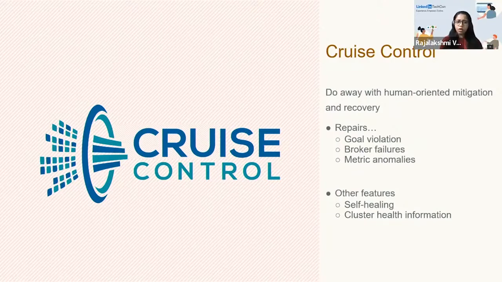Cruise Control follows a goal-based approach. What's a goal? A goal is a condition that has to be met, and if this condition is violated, some remedial measures are taken to bring things back to the target goal. For example, the disk capacity goal says that the disk space usage for a cluster has to be below a certain threshold.